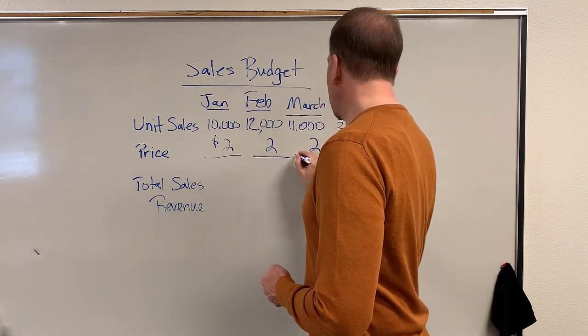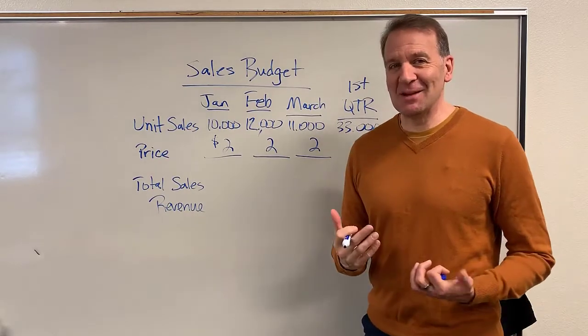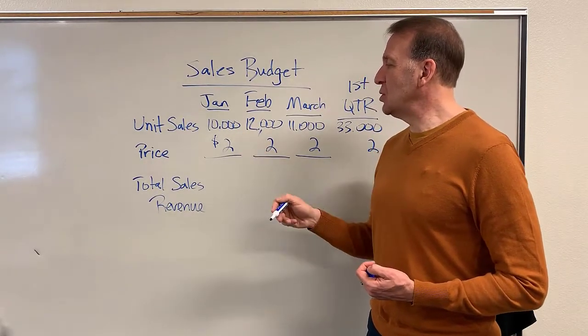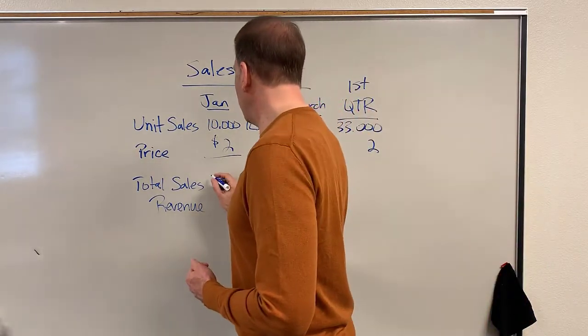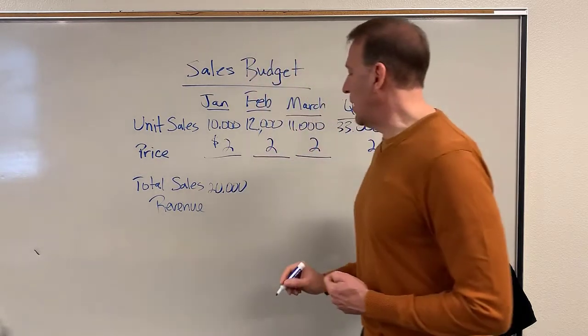And then I'm going to put a line underneath this in order to finish my sales budget. You can see this is pretty simple. So now my sales are 10,000 times $2 per bag, or my sales revenue in the first month of January would be 20,000.